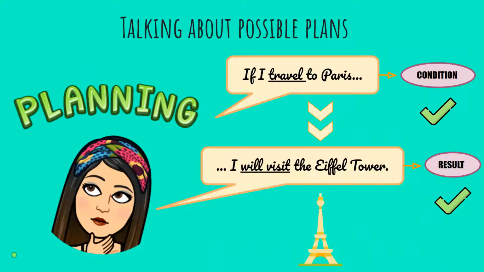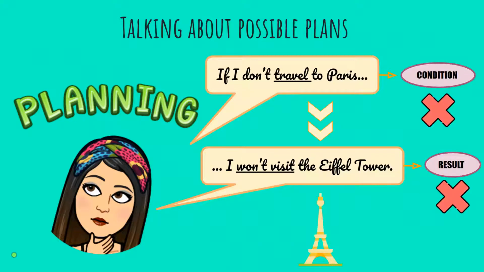Okay, so we can use a conditional to talk about possible plans. For example, if I travel to Paris, that is a positive condition, I will visit the Eiffel Tower, a positive result. I can also say, if I don't travel to Paris, that is a negative condition, I won't visit the Eiffel Tower because that's impossible.